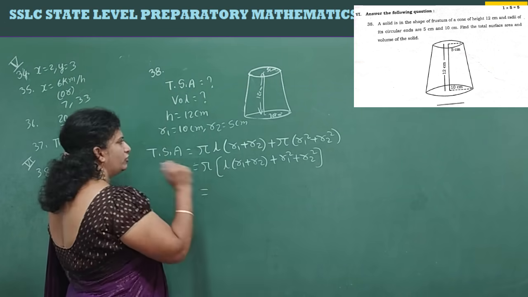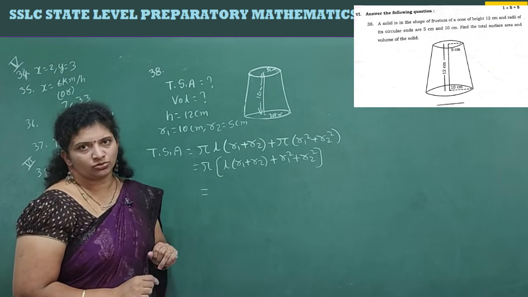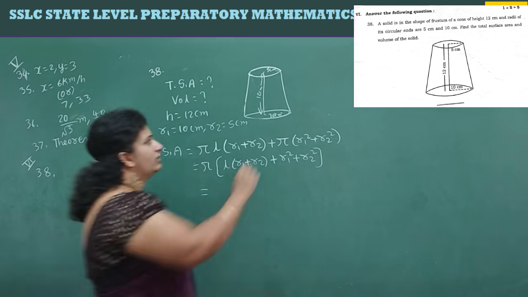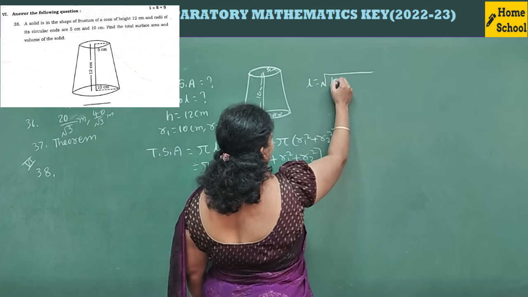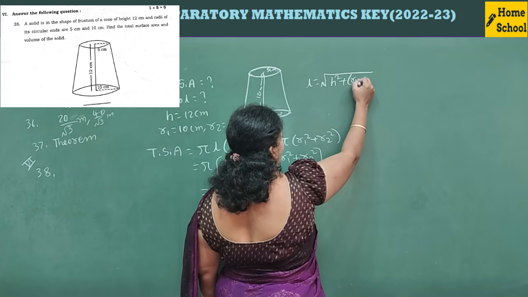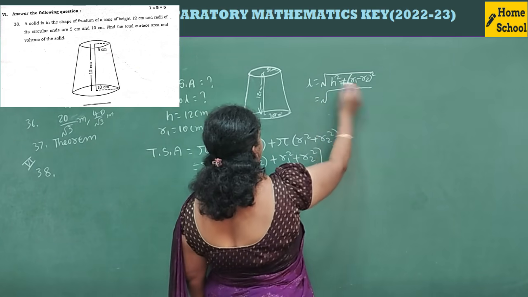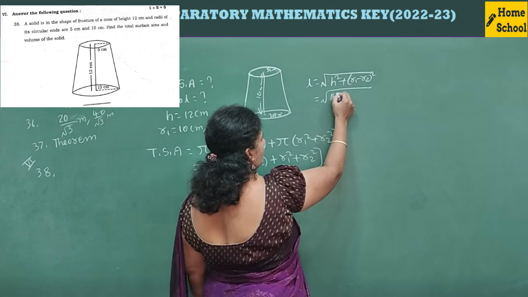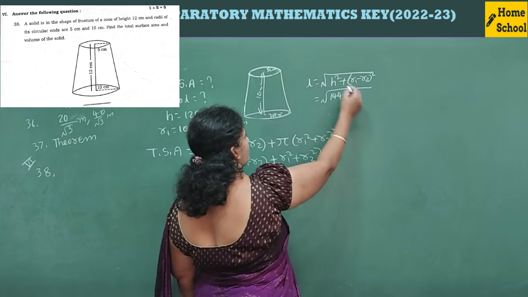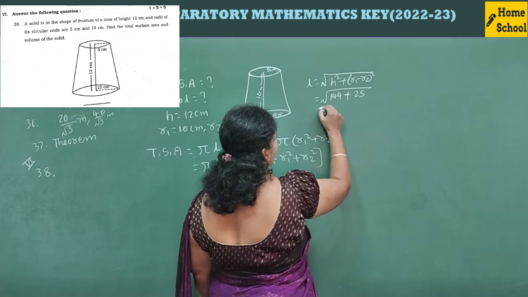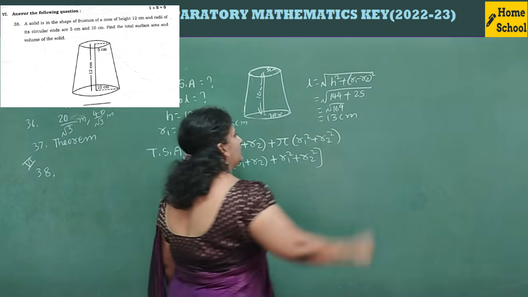Now, do you know L? No, we don't know L. So first, what we are going to do is calculate L. How can we calculate? You remember this: L is the square root of h square plus R1 minus R2 whole square. H is 12, 12 12s are 144, plus R1 minus R2, 10 minus 5, 5 5s are 25. 169, square root is 13 centimeters.